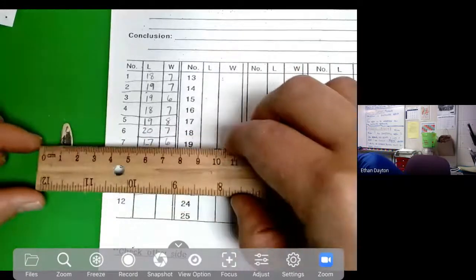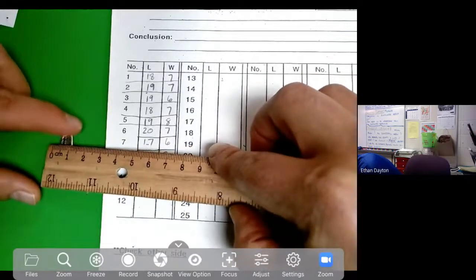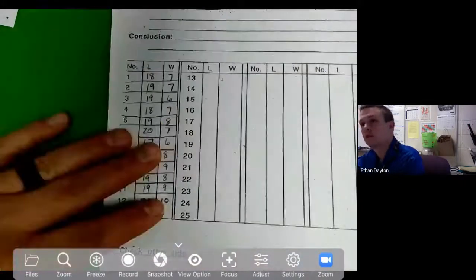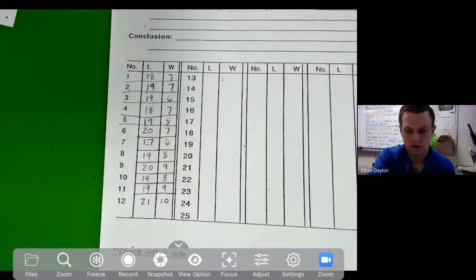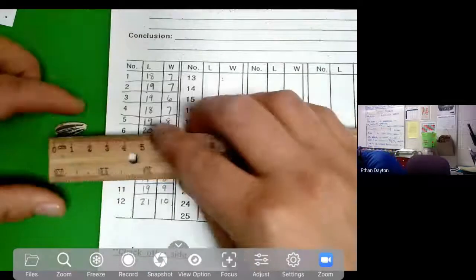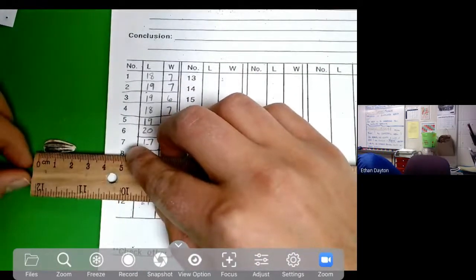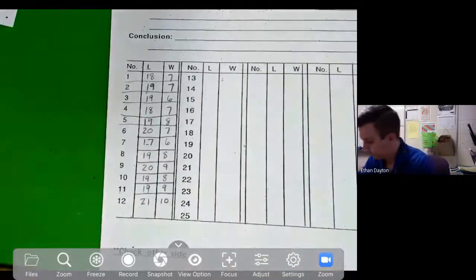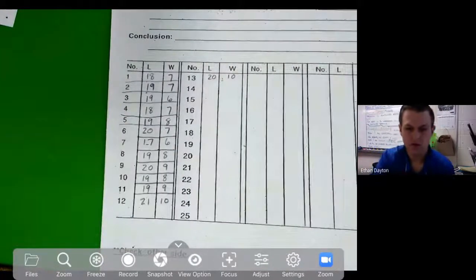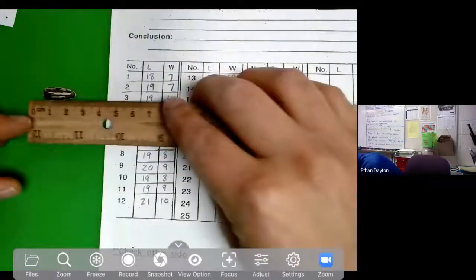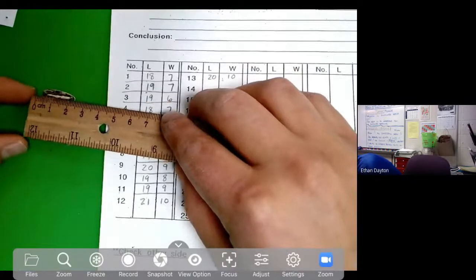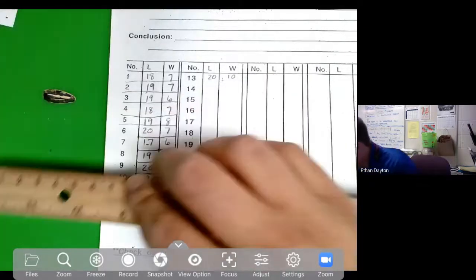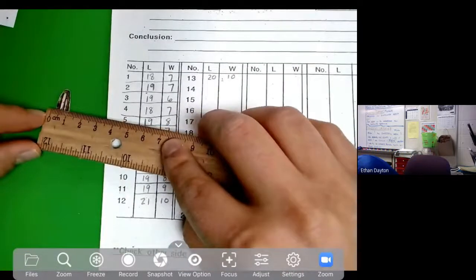Ooh, 21, and 10. That was number 12. 20, and 10. 21, and 9.